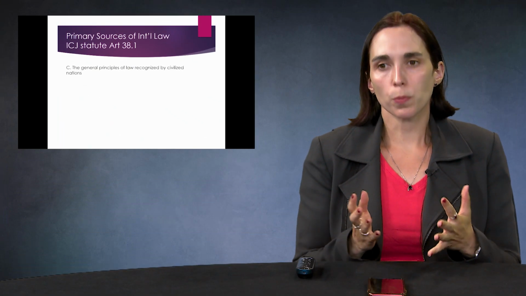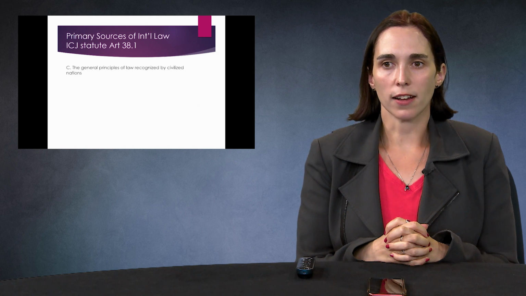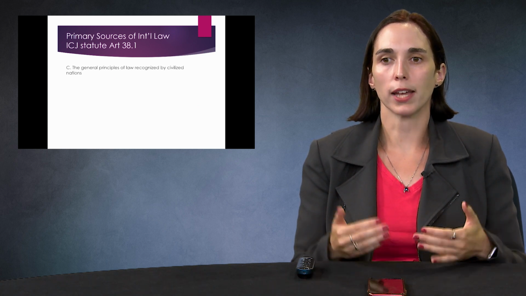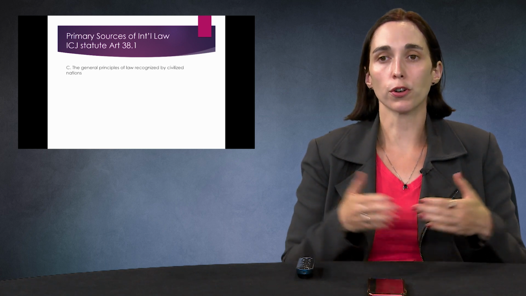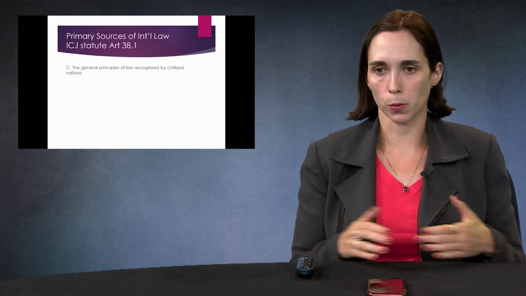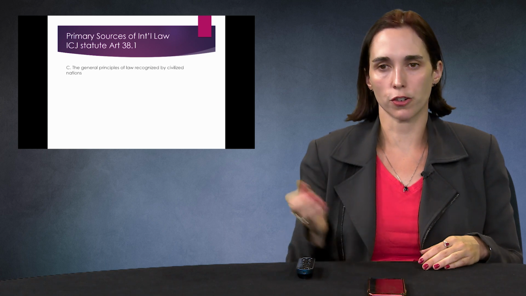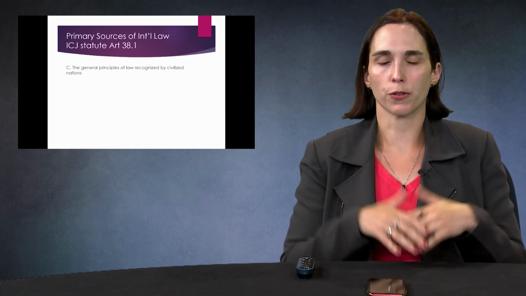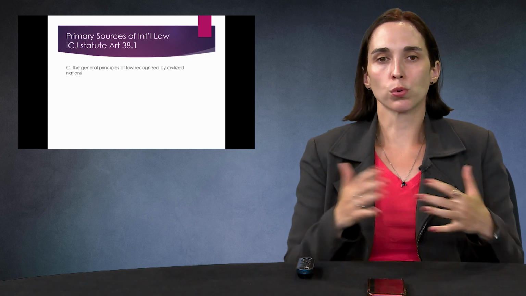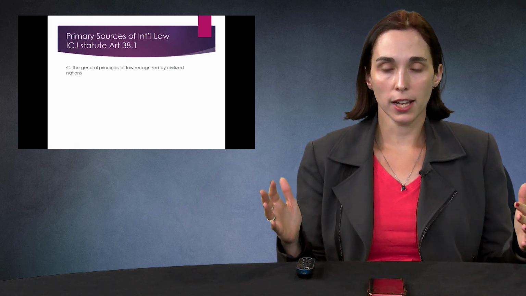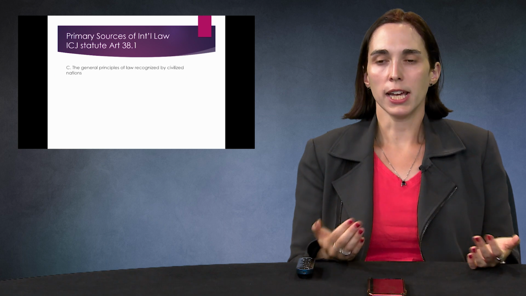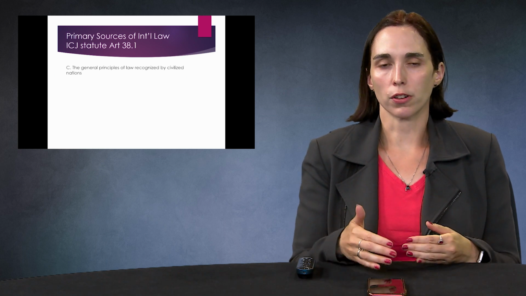But general principles of law we typically think of as principles that are in place in a domestic legal system. So if you see that a rule of law is universal across all legal systems, whether we're looking at common law jurisdictions, civil law jurisdictions, different regions of the world, different forms of government, if that rule is consistent across jurisdictions internationally, then it's a general principle of law and you can recognize it at the international level.